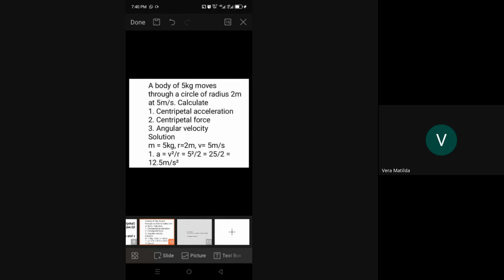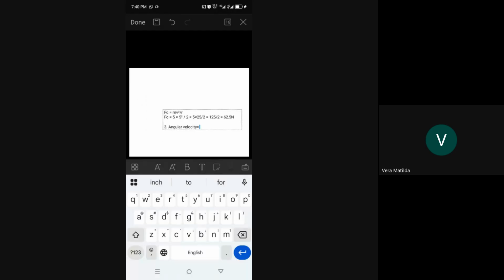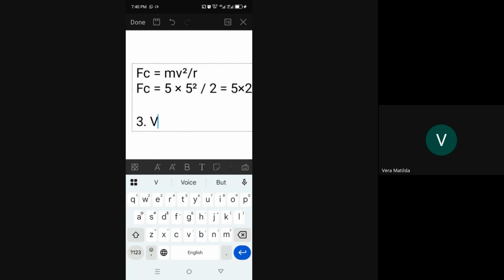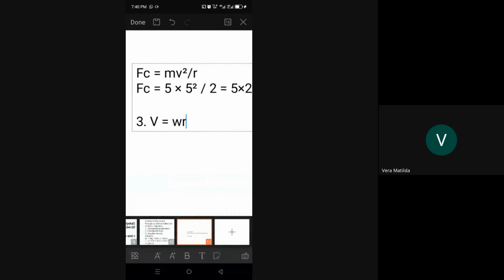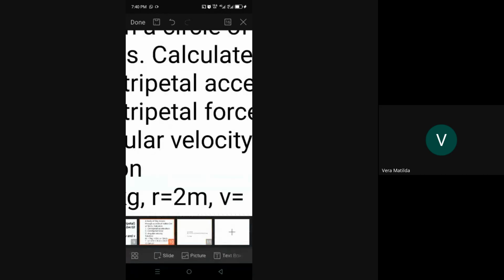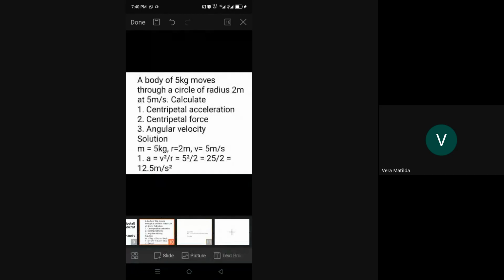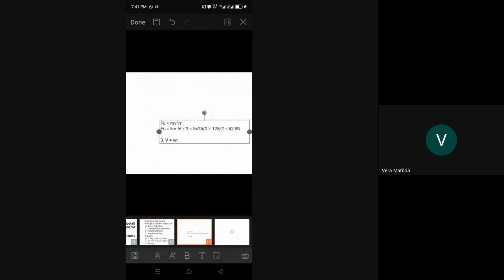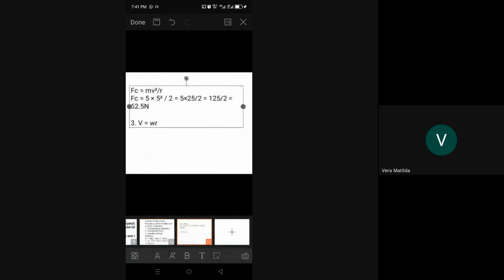So what are you going to do? You use the relationship between angular velocity and linear velocity. V is equal to angular velocity times radius. Linear velocity has been given in the question to be 5 meters per second.